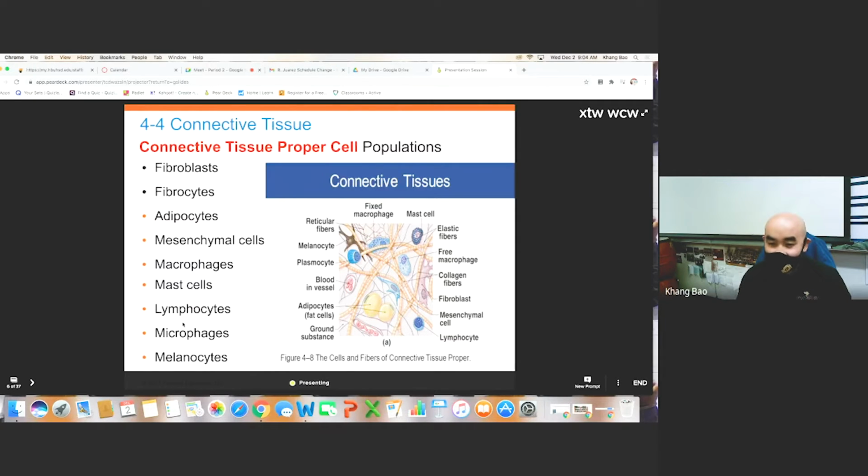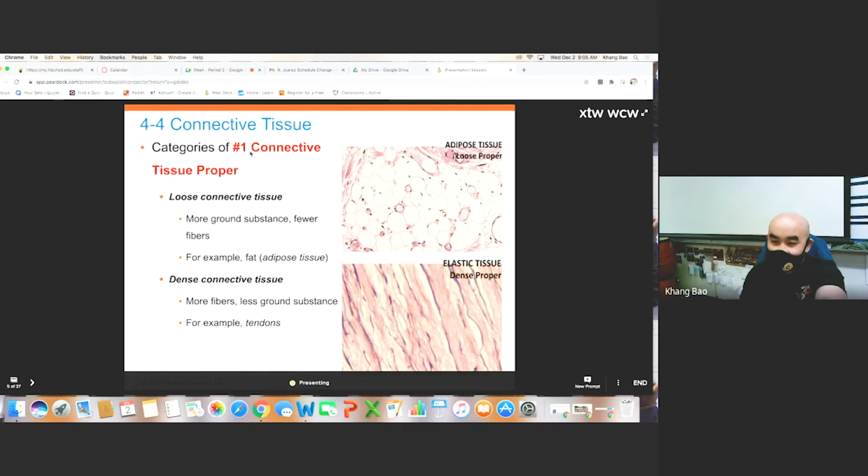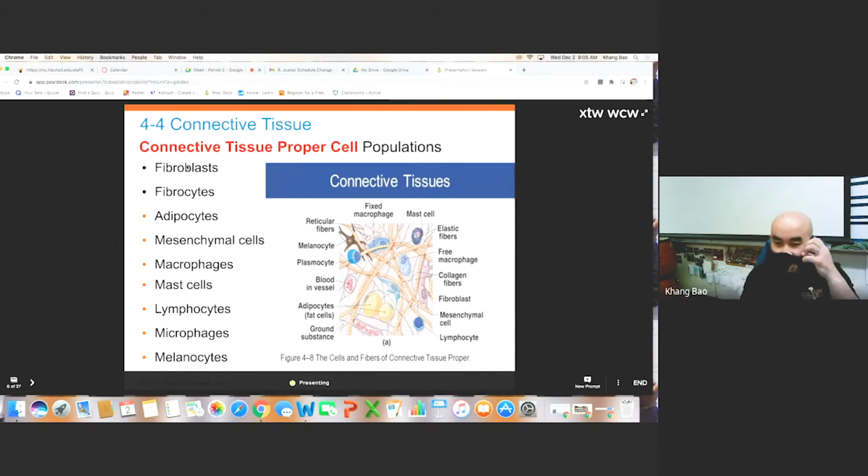Macrophage, mast cell, lymphocyte, microphage, melanocyte. Sound familiar, right? So all these cells pack together to make up your connective tissue. And one example of your connective tissue is tissue proper. Anyway, just to help you visualize this, these are cells that come together to make up the connective tissue.